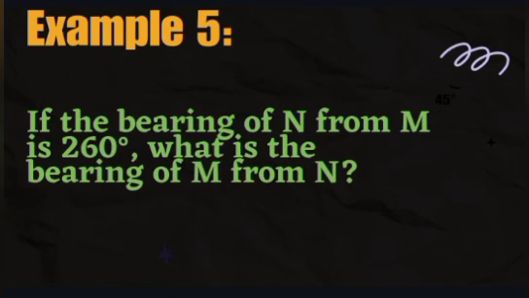If the bearing of N from M is 260 degrees, what is the bearing of M from N? In this case, our given bearing is 260 degrees, which is greater than 180. So to get the bearing of M from N, you are simply expected to subtract 180 degrees from 260.